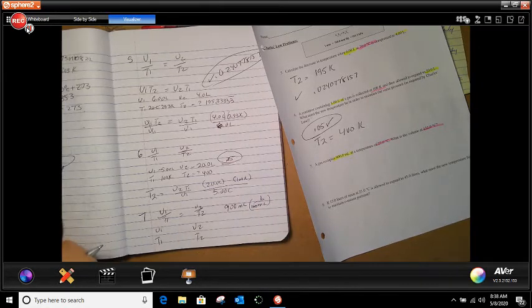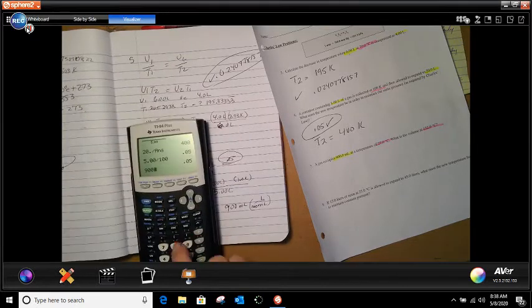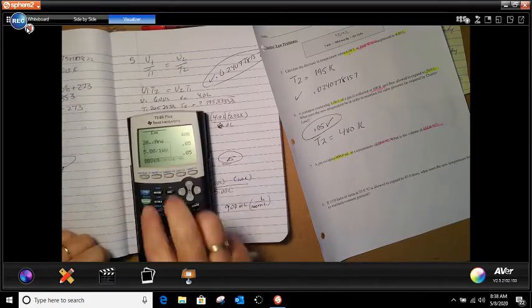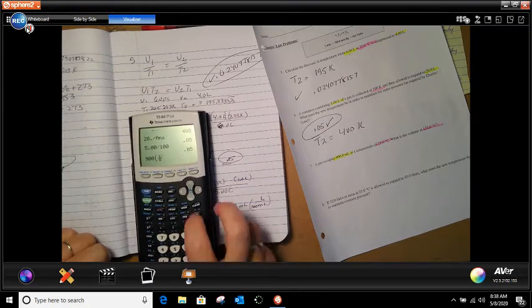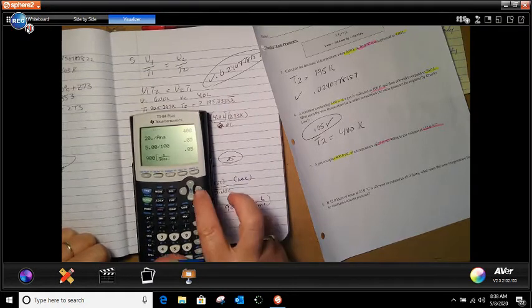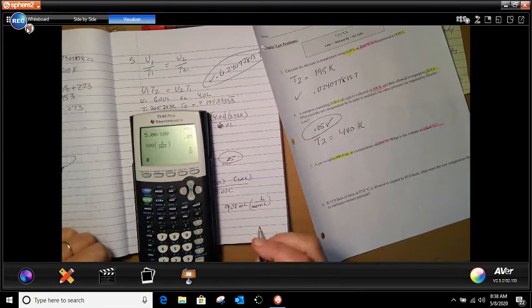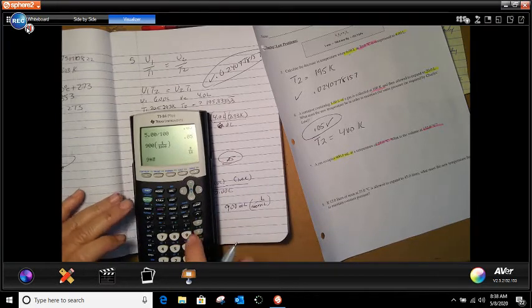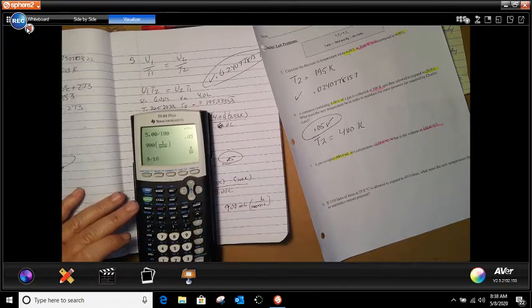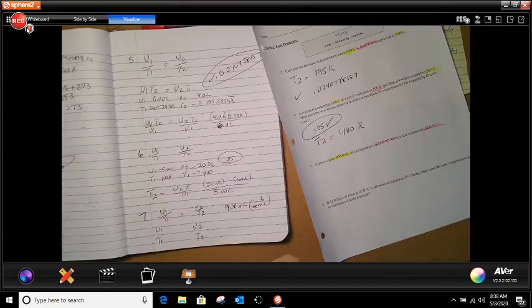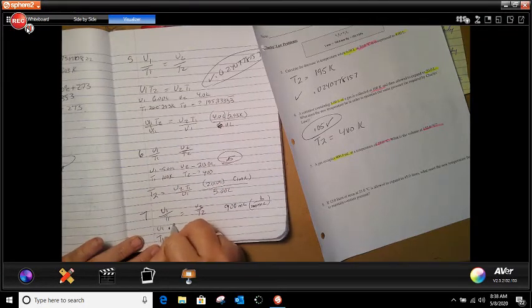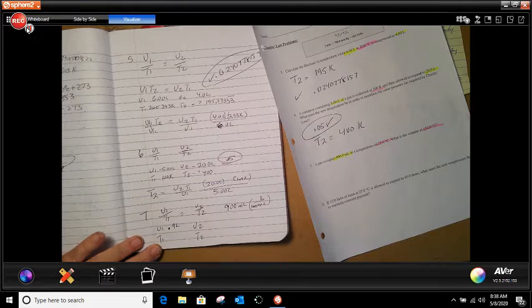So 900, open bracket, alpha y, enter, 1 over 1,000, close bracket, and that is 9 divided by 10, which is 0.9. So this is 0.9 liters, okay?